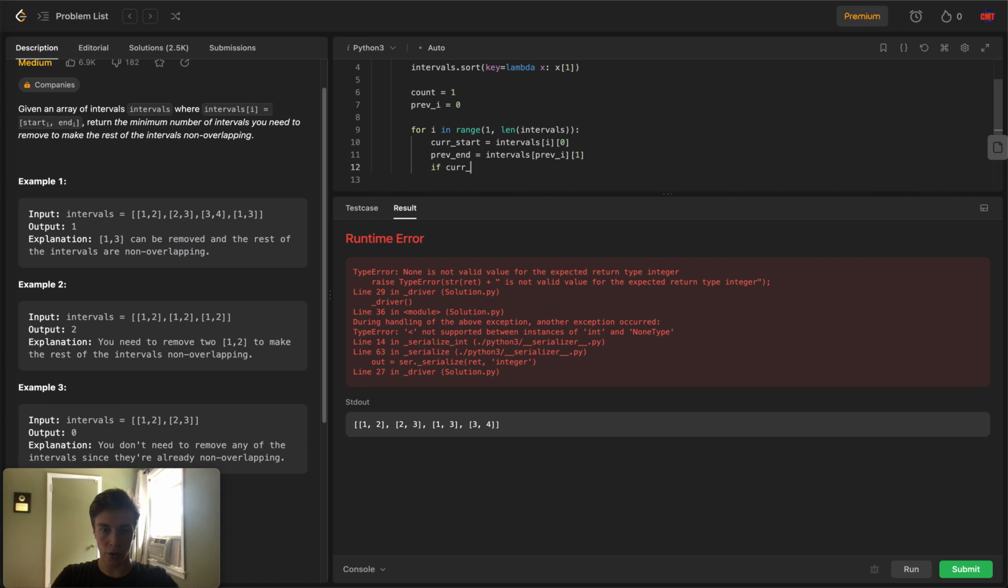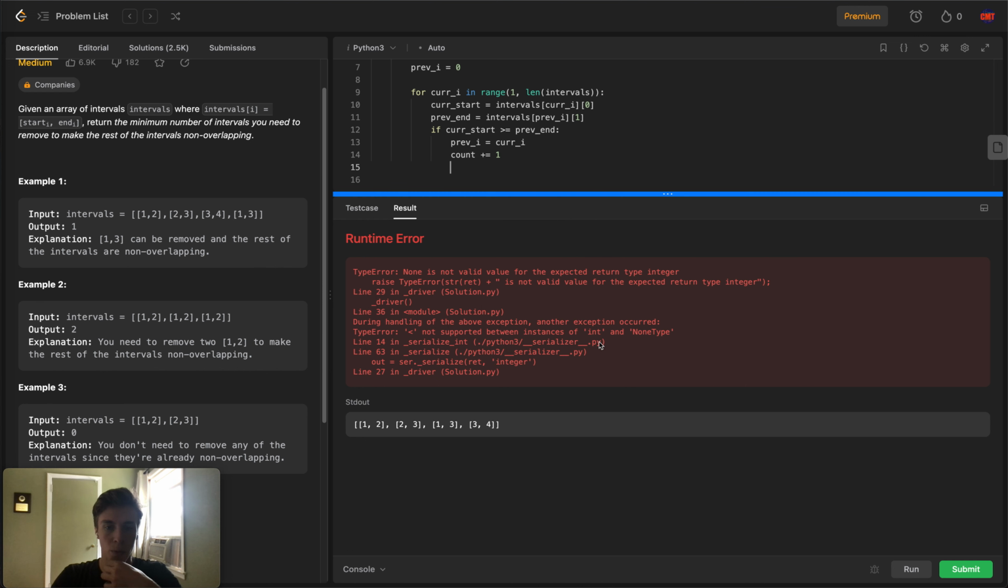If cur start is greater or equal to prev end, then prev interval is equal to i, let's call this current interval, and count plus equals 1.